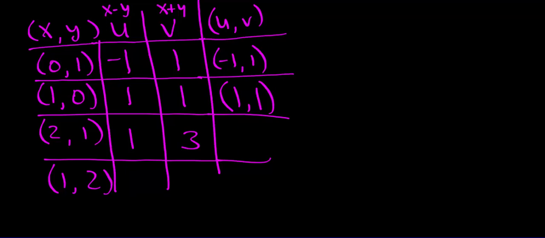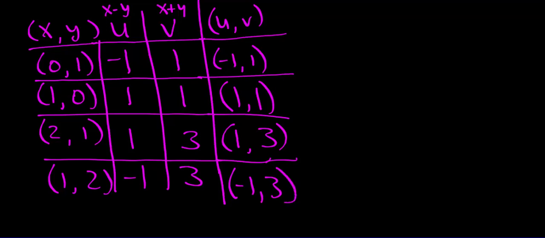Then with x is 1 and y is 2, u is 1 minus 2, that's negative 1, and v is 3. So this is 1, 3, and this is negative 1, 3. See, what I've done is I've transformed those points.